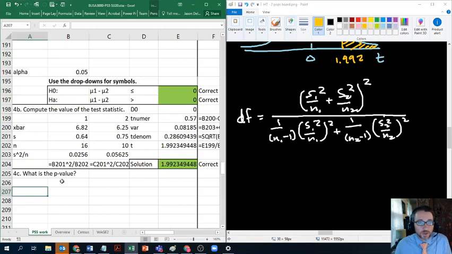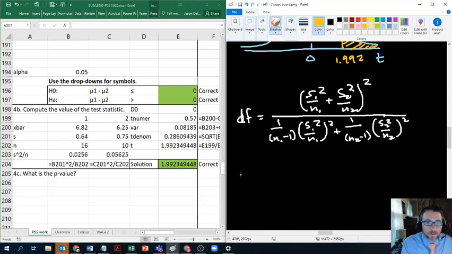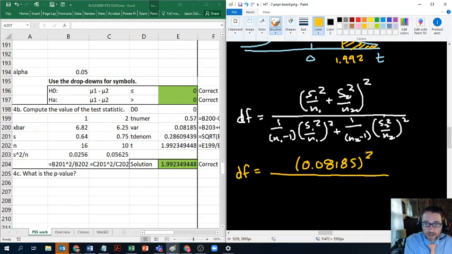So what do we have to do? Well, we got to calculate this. Just to be clear, some of this stuff is already done. I mentioned this the last time we met: the numerator is this variance, 0.08185 squared.